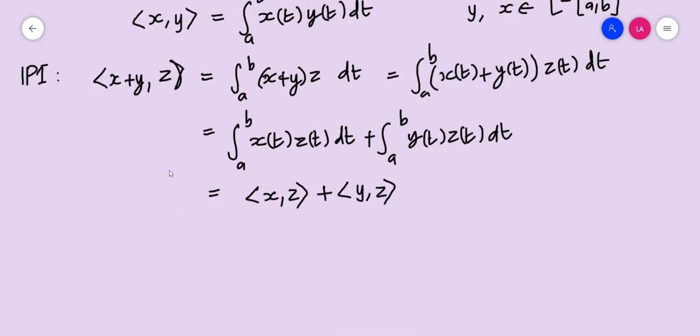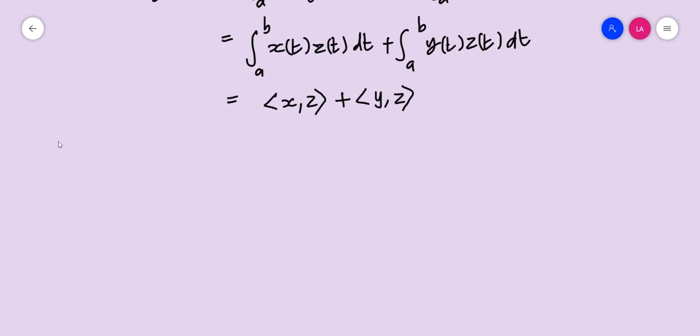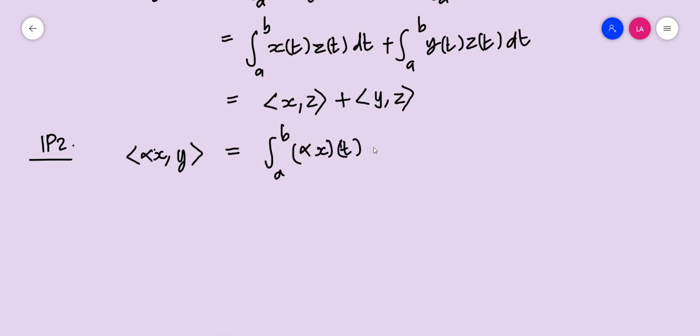So moving on to the second property. Inner product of alpha x, y, by definition, should be equal to integral a to b alpha x of t times y of t dt.